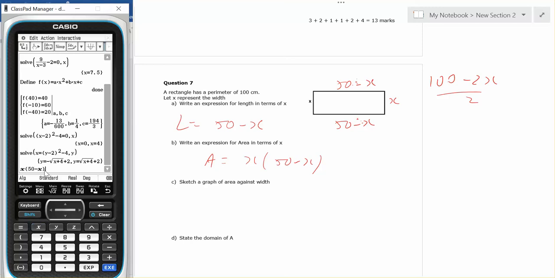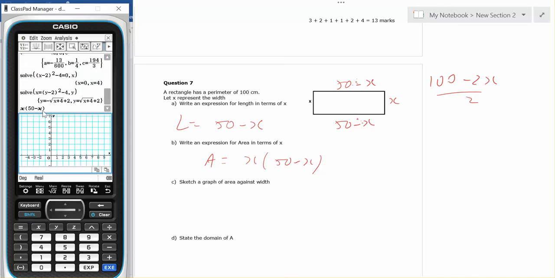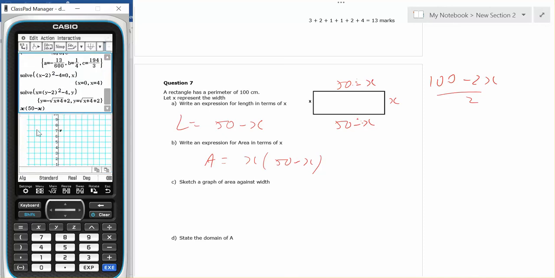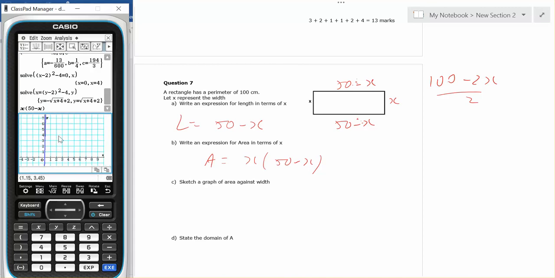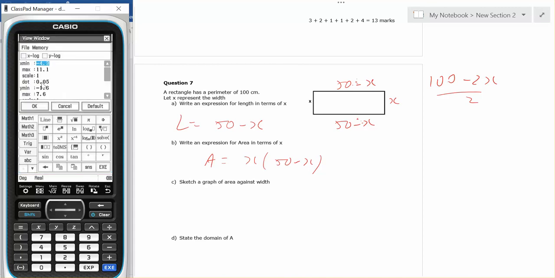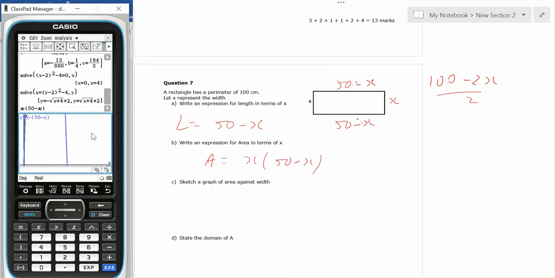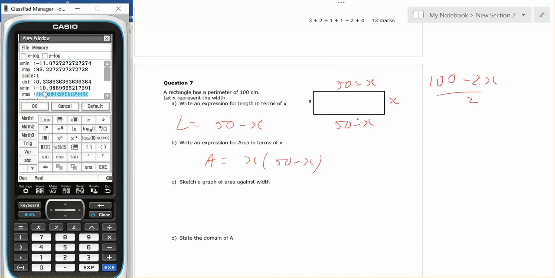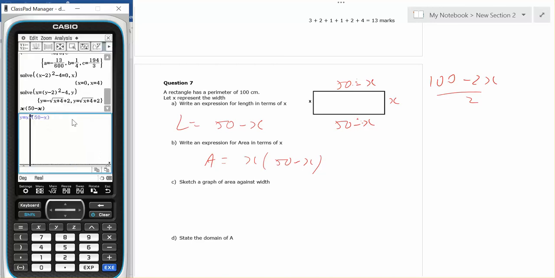My graph is not going to appear straight away because my x-intercepts are at 0 and 50, so I might want to adjust my scale. For Y you might want to try 100, and X 100 as well, to see if it shows properly. Almost. My Y is not high enough, so go check your Y, 500. Okay, perfect, it actually shows.